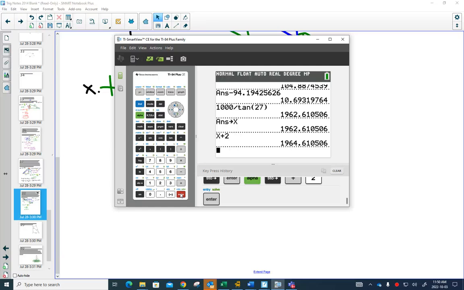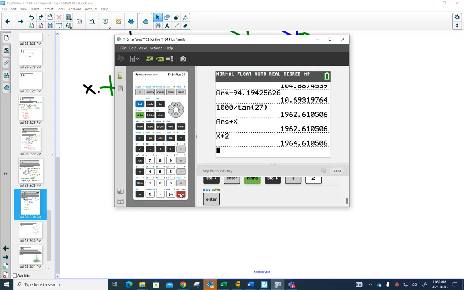Yours has a store button too, STO. And then you have a recall button. And there's a memory button, M+. Here you have an STO, so you have a store button there. Shift to that one, yeah. And then push enter. Yeah, try it.